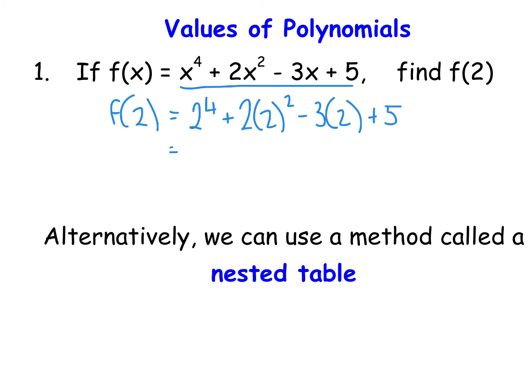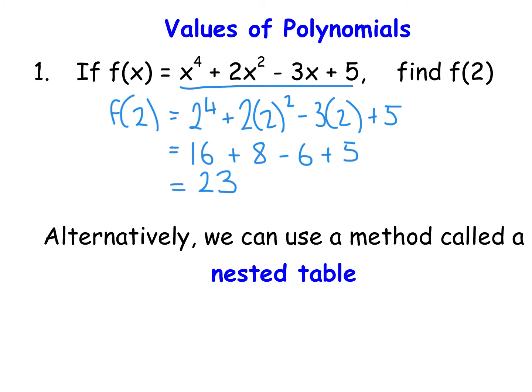Which tidies up to 16. 2 squared is 4, times 2 is 8. Take away 6 plus 5. And altogether that is 23. So when x is 2, our answer comes out at 23.